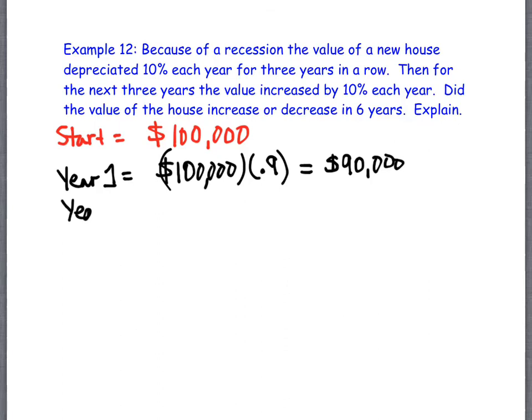Year 2. I don't have a $100,000 house anymore. I have a $90,000 house. Right? And then I have to do the same thing again. It's going to depreciate again, according to the problem, by 10%. What's that going to give me?